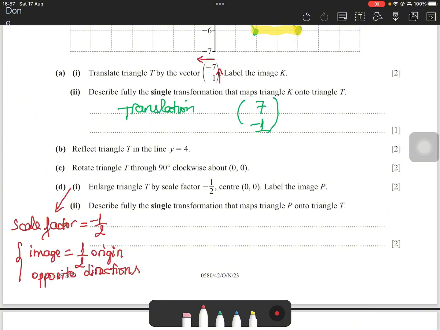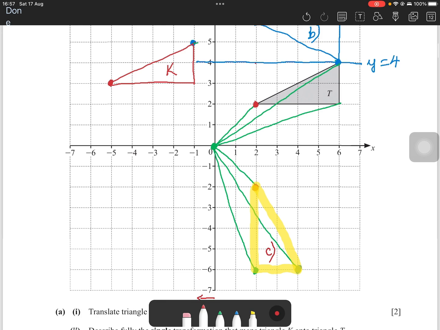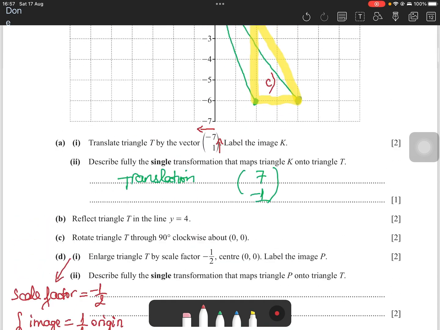If the scale factor is negative, then they are in opposite directions. So the center is also (0, 0).